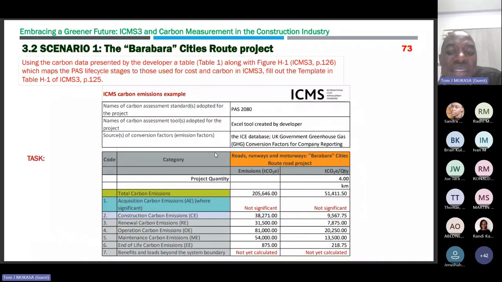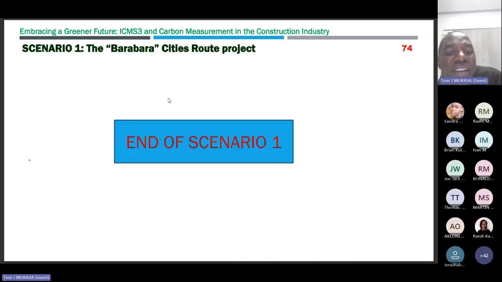We add them up. After adding them up, we come to our table and input those, and therefore we are able to come up with the quantities. And we can express them as tons of carbon emissions per kilometer, and that's what I've done there. So all these are done in an Excel table without any software. So that is the first scenario.